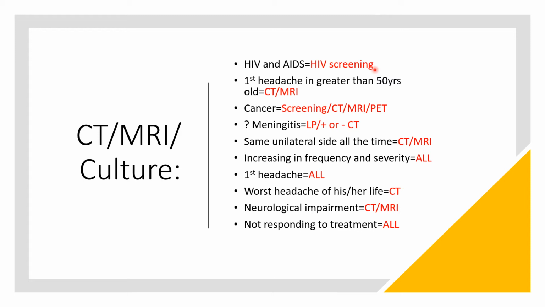But remember, when there's classical presentation, then there's something else. This is the first headache ever in this man or woman, and this man or woman is greater than 50 years old. Then something may be happening in the brain. Let's have CT or MRI done. You are suspecting cancer. Then let's screen right now.